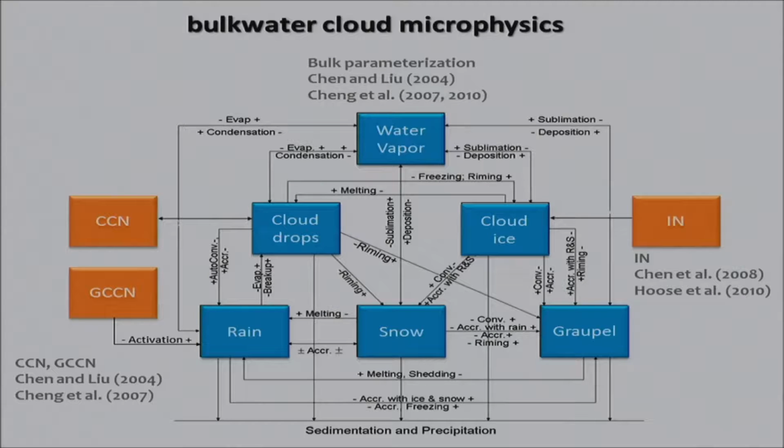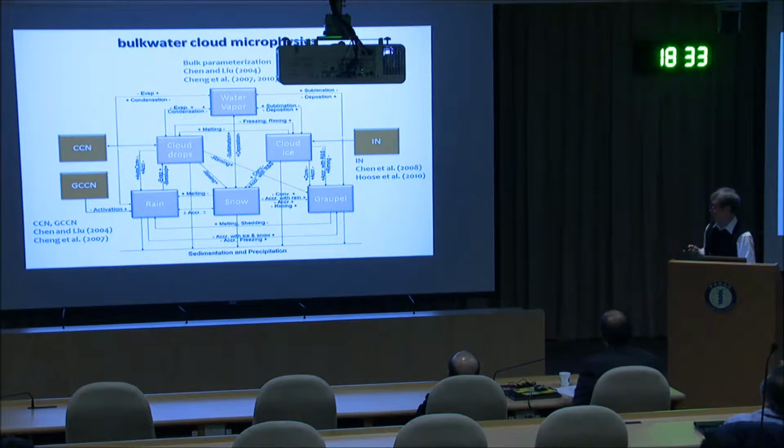We also have a scheme for calculating the giant condensation nuclei, which can directly activate into raindrops. Another effort is spent on the ice nuclei, which is the biggest unknown in regional cloud microphysics. In the past, usually the ice nuclei are specified or use empirical equations, but in this study, we try to actually simulate different kinds of ice nuclei.